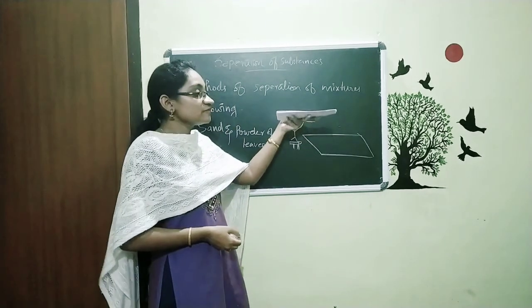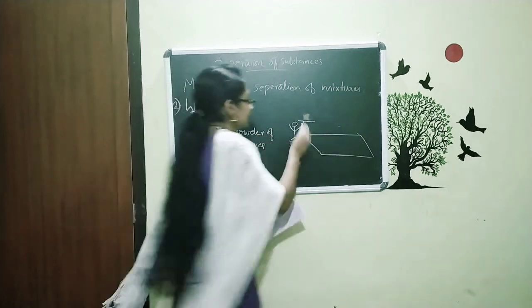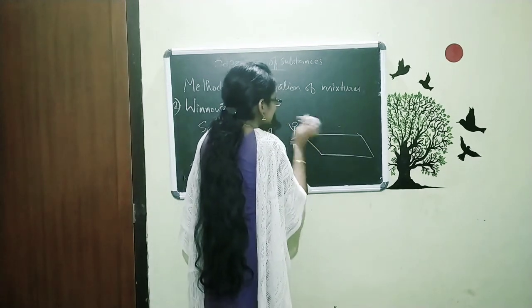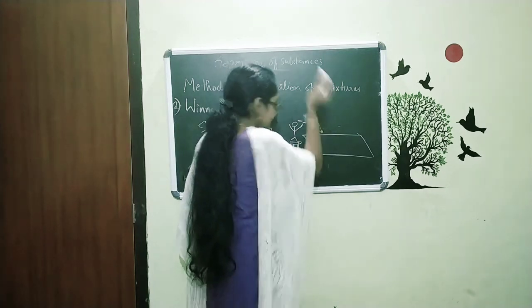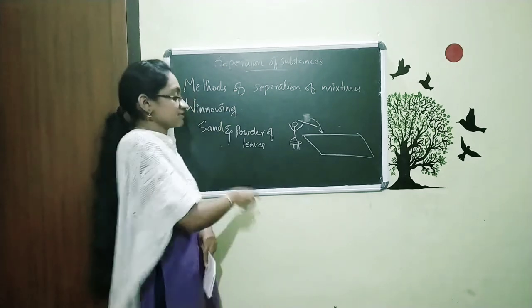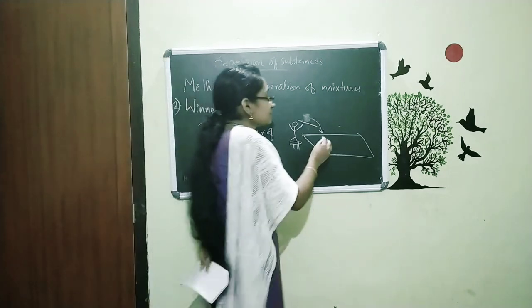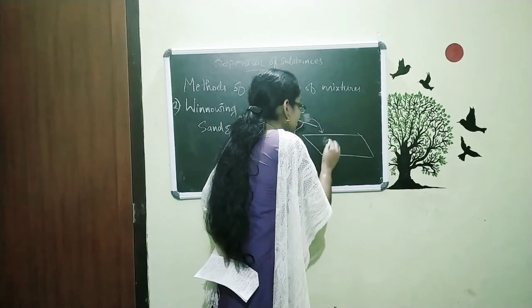Now first of all the plate is straight. Now I am going to tilt this. Now what happens? This mixture will come down. Now my question is, will both of the things in this mixture fall at the same position? It will not fall at the same position.